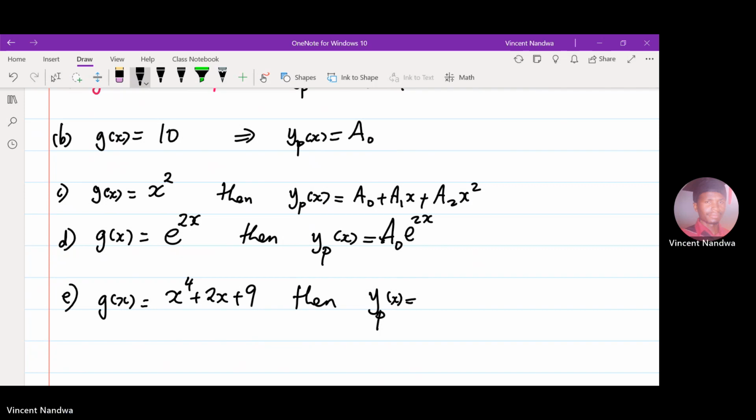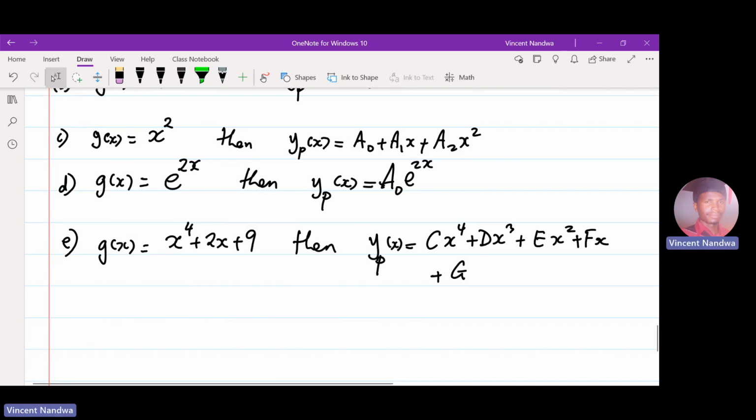Cx to the power 4 plus dx to the power 3, plus ex to the power 2, plus fx plus g, correct.